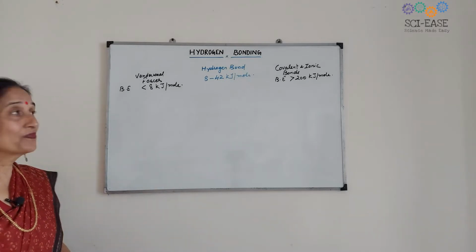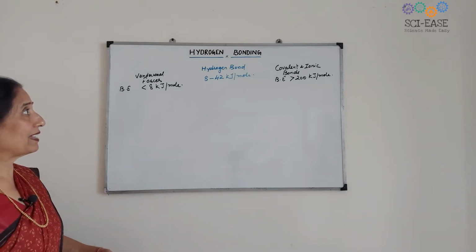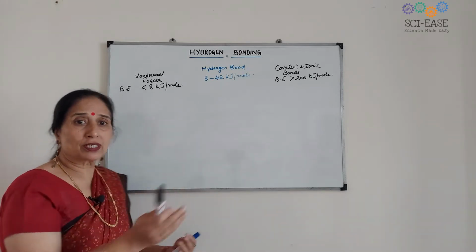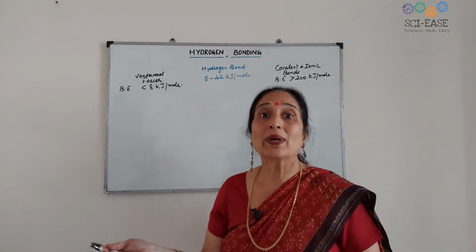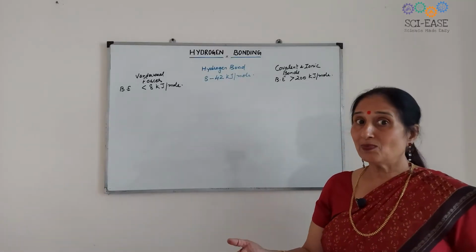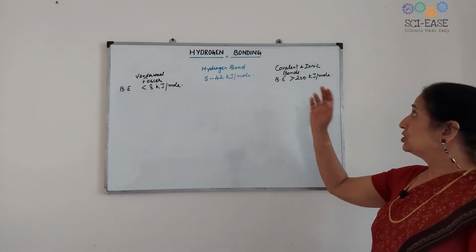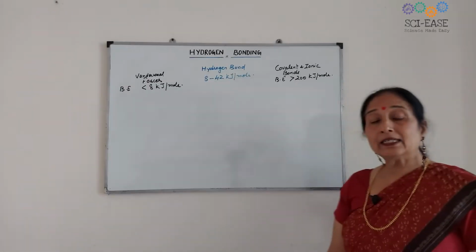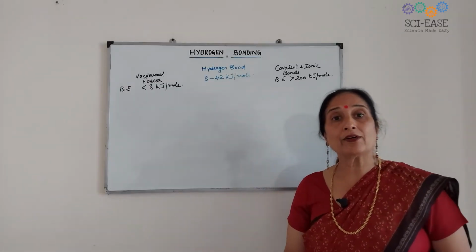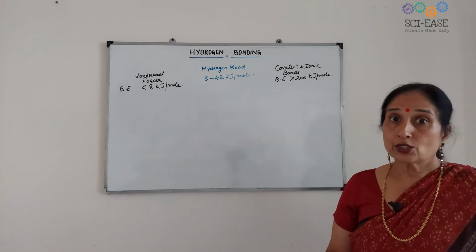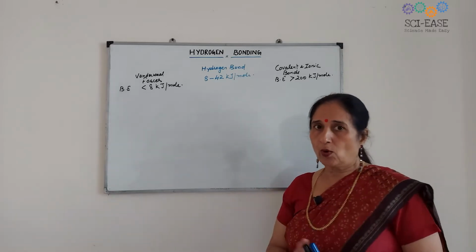So this thing is clear, that the bond energy of van der Waals forces is very less, less than 8 kilojoules per mole. This means that they are weak forces. Bond energy of covalent and ionic bonds is greater than or equal to 200 kilojoules per mole, so it is a strong bond.